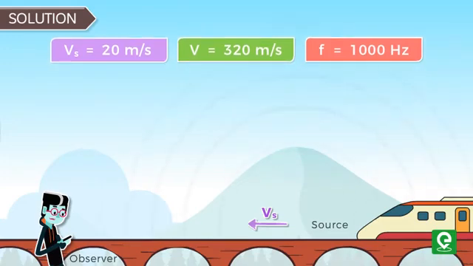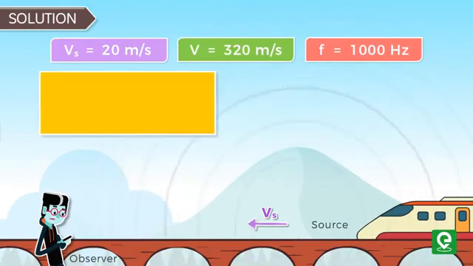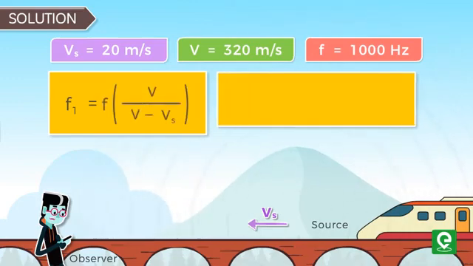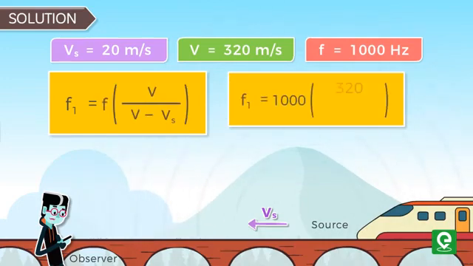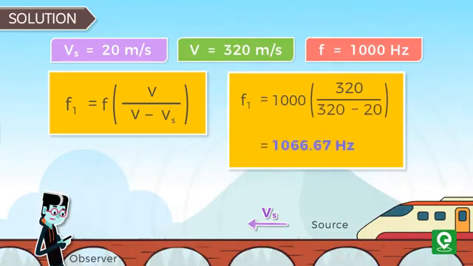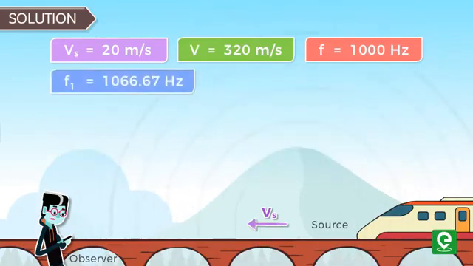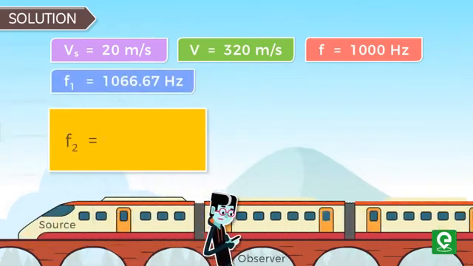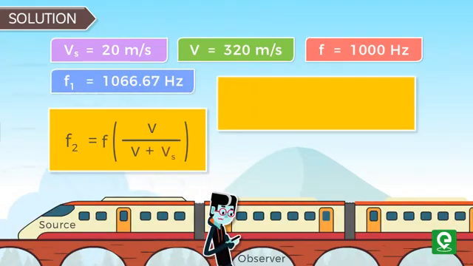So the frequency heard by the observer while the train approaches him can be calculated using the relation f1 equal to f into v divided by (v minus vs). That is 1000 into 320 divided by (320 minus 20), which is equal to 1066.67 Hz. And the frequency heard by the observer while the train recedes, f2, is equal to f into v divided by (v plus vs).